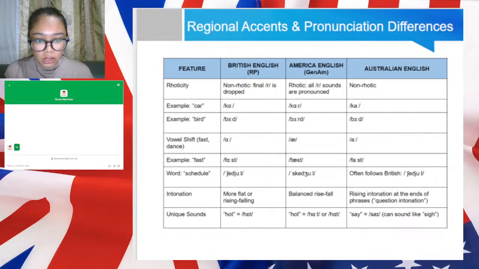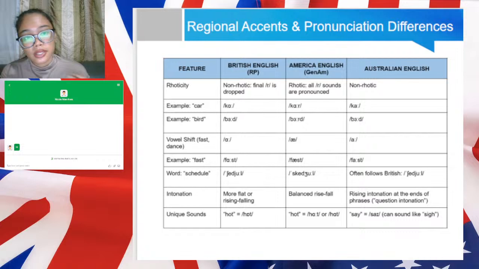British English is often described as having a more flat or rising-falling intonation pattern. American English tends to have a more balanced rise and fall throughout sentences, while Australian English is quite distinctive for its rising intonation at the ends of phrases, even in statements. This can sometimes sound like they're asking a question when they're not. So that's the differences between the three.